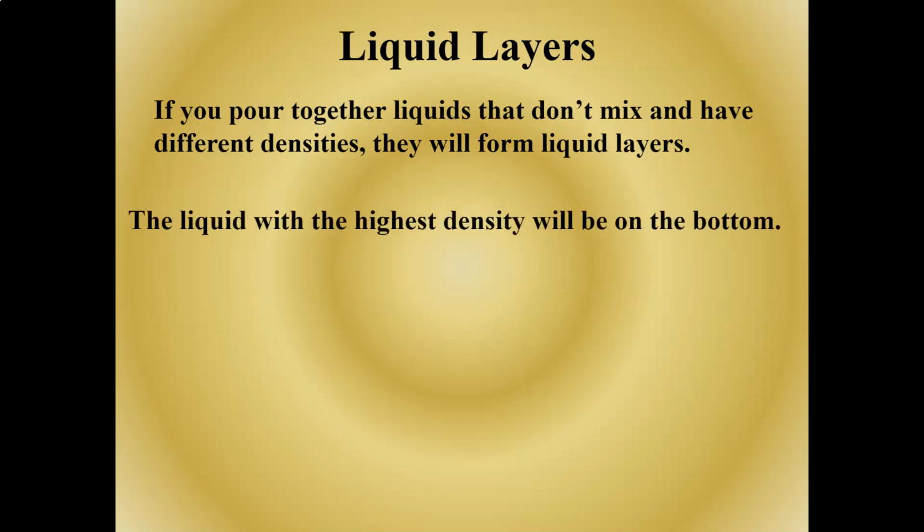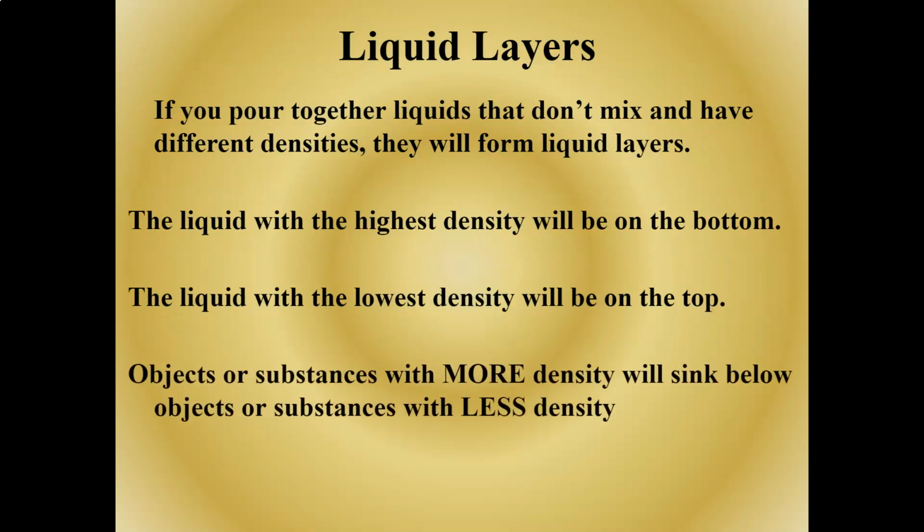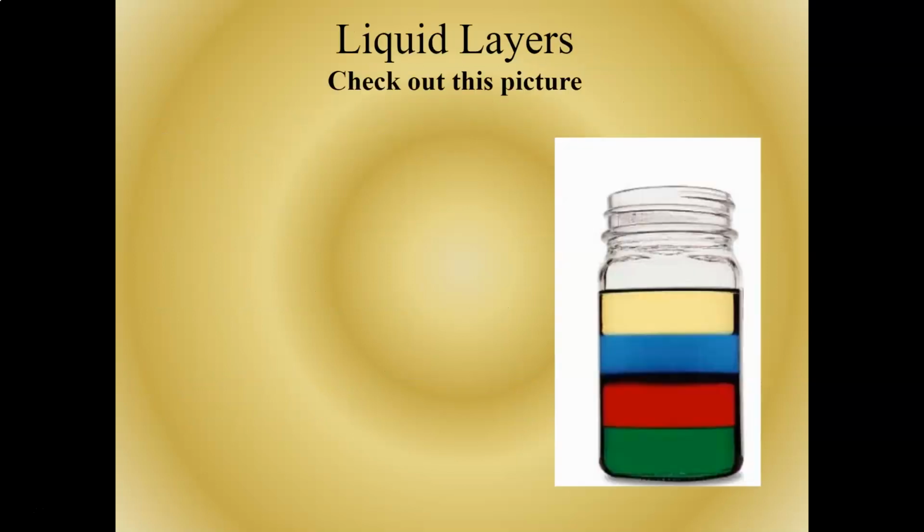Your highest density liquid, the most compact matter within a certain space, would be at the bottom, followed by your lightest being at the top. Objects that are more dense sink, and objects that are less dense will float.